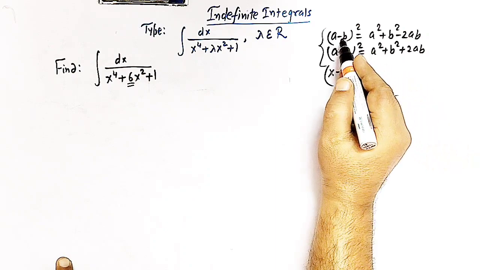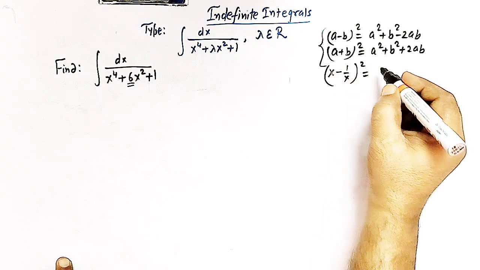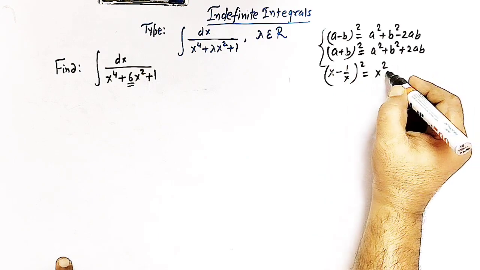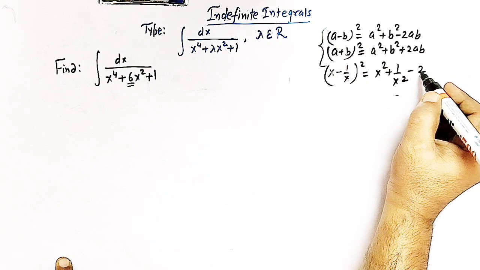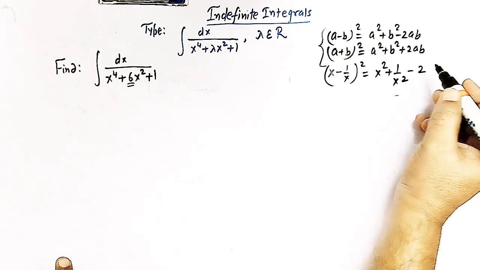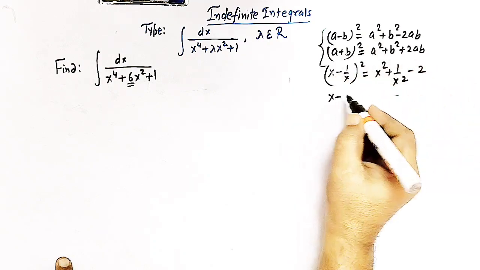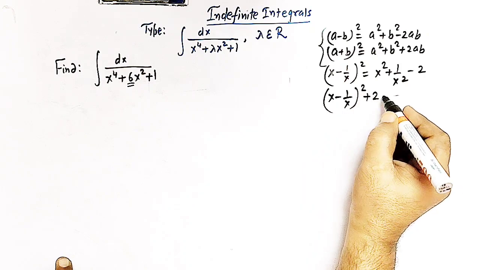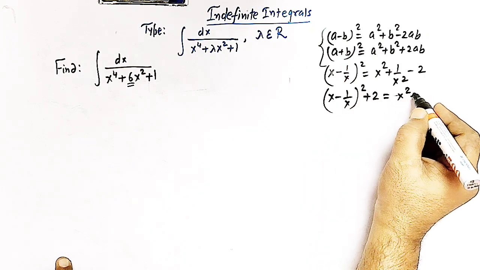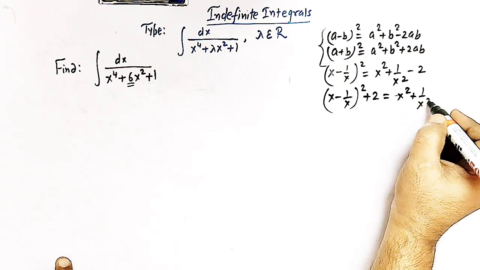Applying this identity, we'll get x square plus 1 over x square minus 2. Now we can take this negative 2 to this side, so we have x minus 1 over x whole square plus 2, and this is equal to x square plus 1 over x square.